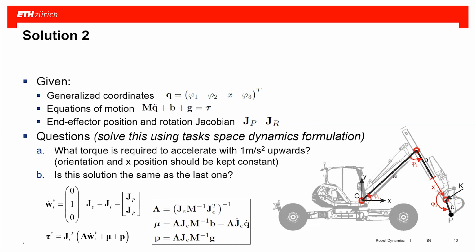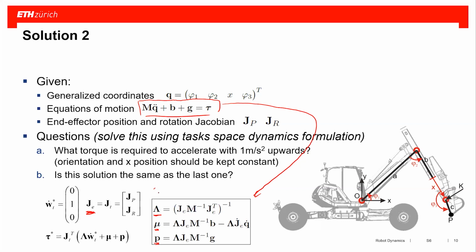First, we have to take this equation here, which is in joint space, and transform this into task space. And that's something that is straightforward, and it's always the same. All we need to have is the end effector Jacobian. Then you can calculate the end effector inertia. You can calculate your mu, and you can calculate your p.